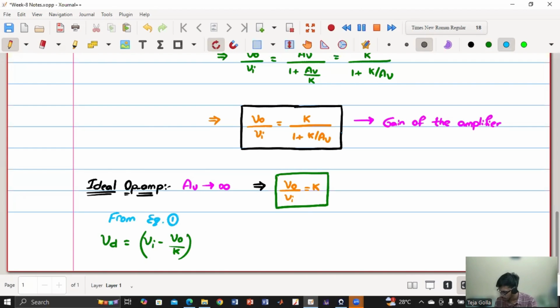Now can you tell me what will be the expression for Vd? Because we got this equation, you substitute that in this equation and tell me what will happen. What will be the value of Vd? You can substitute V naught or you can substitute Vi, anything is fine. Can you tell me what will be the value of Vd?